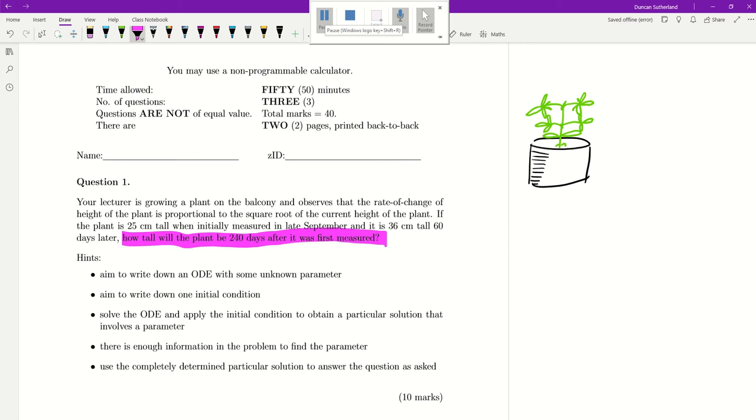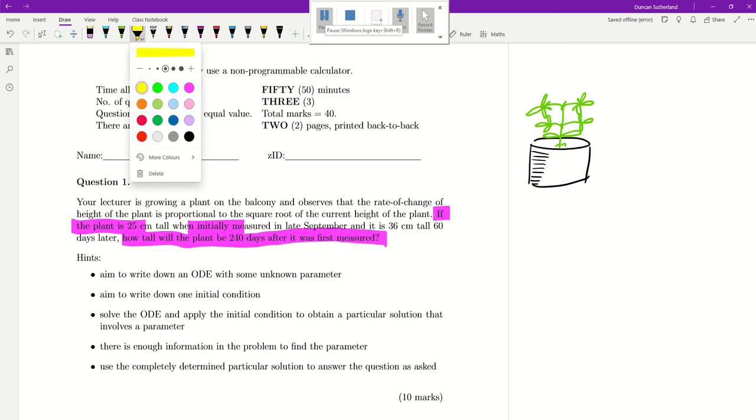So we've got an initial condition that's fairly clear, I guess. If the plant is 25 centimeters when initially measured, right? We've got this extra bit of information: 36 centimeters tall 60 days later. So at t equals 60, we've been given some information that the plant's 36 centimeters tall, and we're not quite sure necessarily what to do with that first.